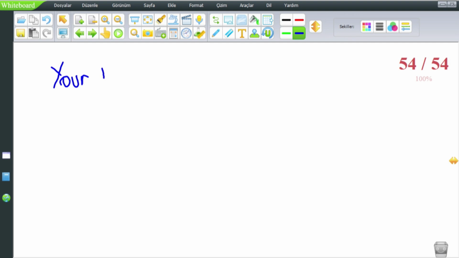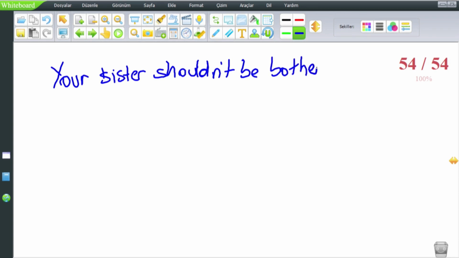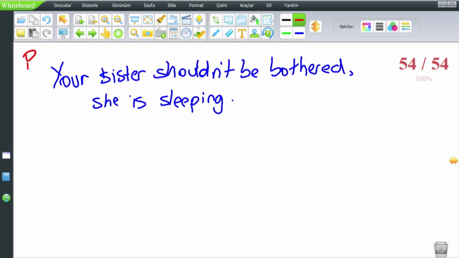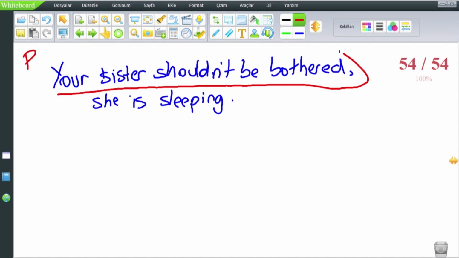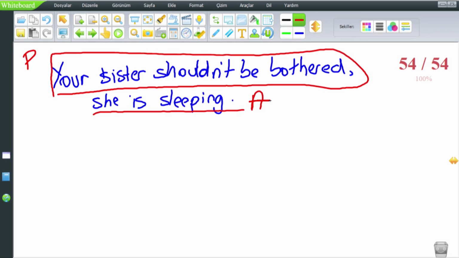Your sister shouldn't be bothered. She is sleeping. Your sister shouldn't be bothered. I'm talking about a passive sentence here, and here an active one.